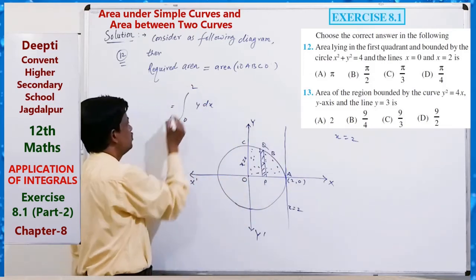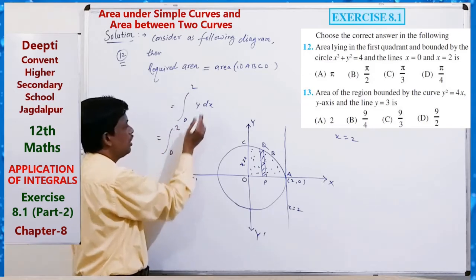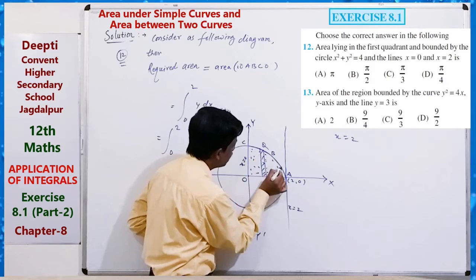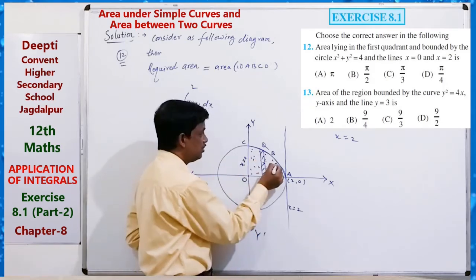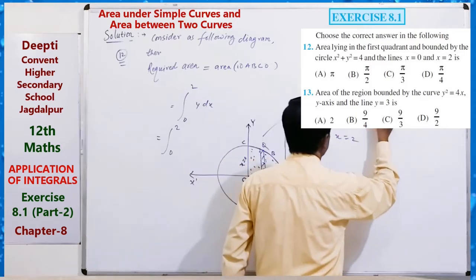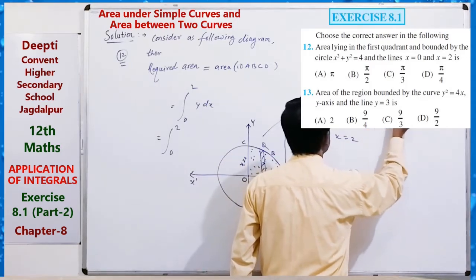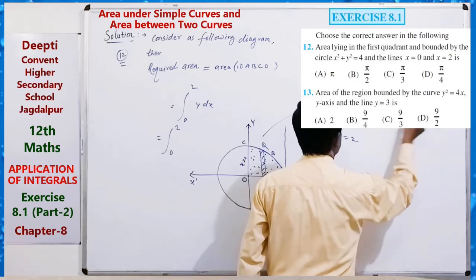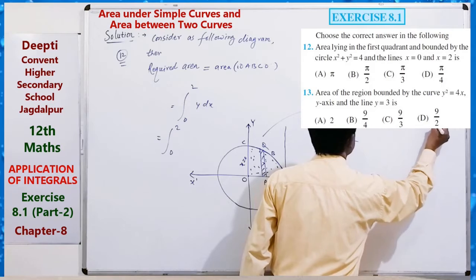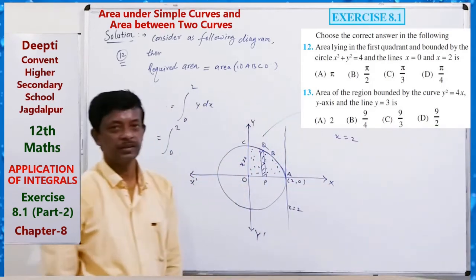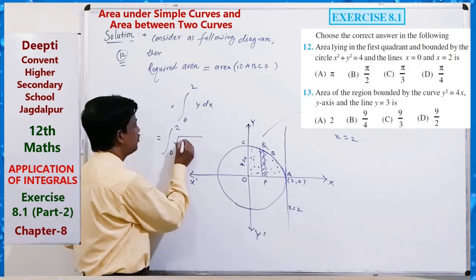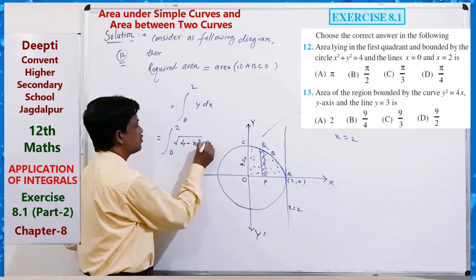Y means from the upper curve, the area under the curve. This is a circle, so the value of y square equals to 4 minus x square, which implies y equals to plus minus root 4 minus x square. Plus, the upper part, so you take the plus sign. So root of 4 minus x square dx.